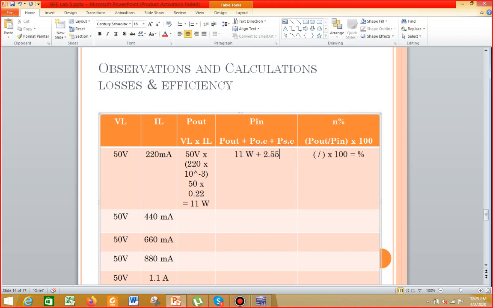So 2.55 multiplied by 10 raised to the power minus 6, because micro is minus 6.